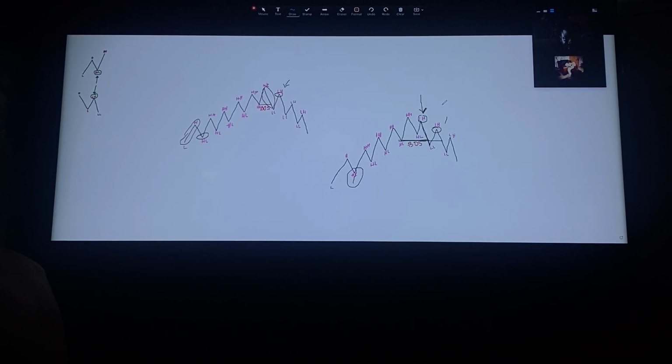You know that, but what does break of structure really represent? Break of structure represents a possible shift in momentum. Just a possible shift in momentum, that's all.